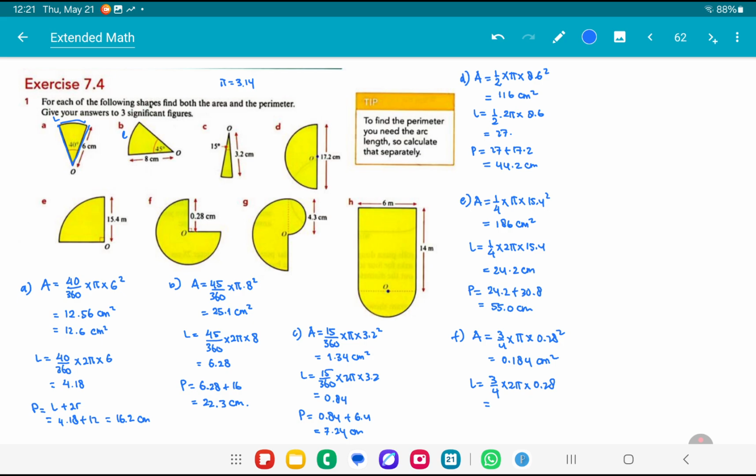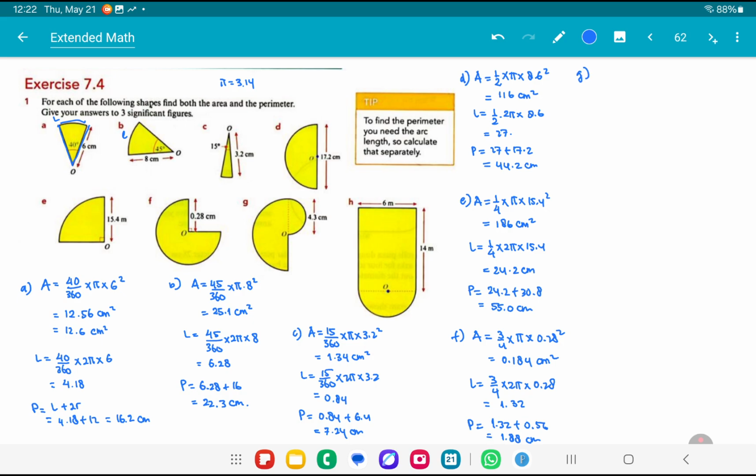So the answer we get equals 1.32, and the perimeter equals 1.32 plus twice the radius, 0.56. So the perimeter equals 1.32 plus 0.56 equals 1.88 centimeter.